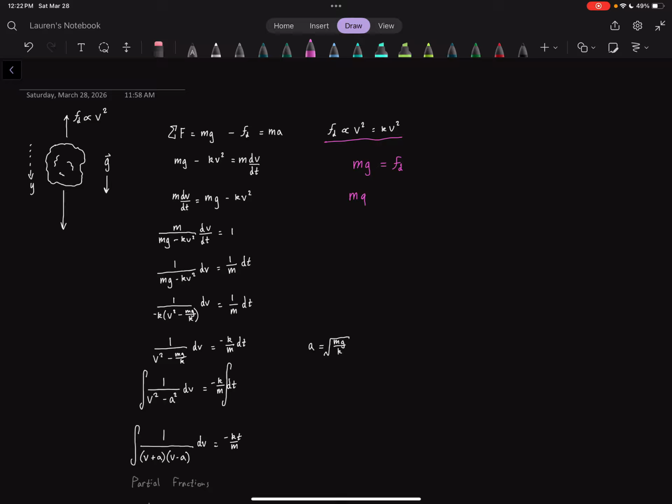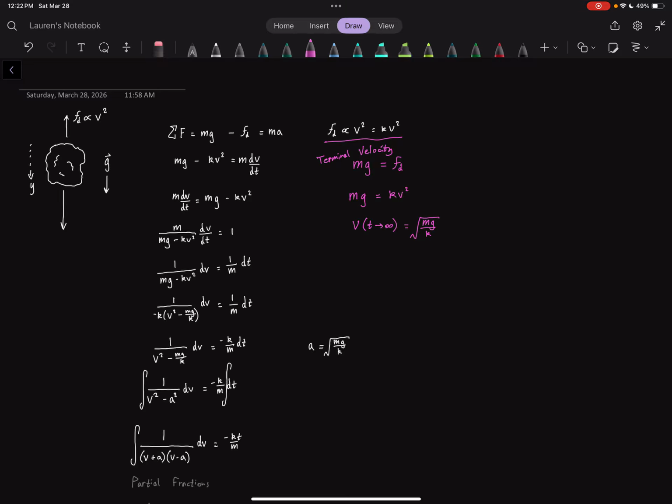So mg is equal to kv squared. So therefore, the velocity as time goes to infinity, for terminal velocity, you divide the k over and you take the square root. So square root of mg over k.